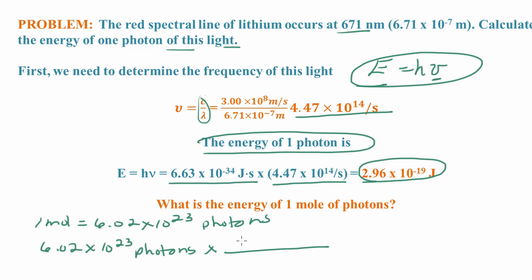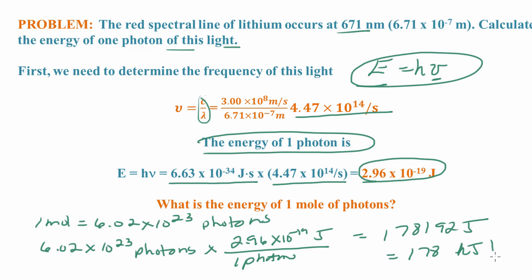And we know that one photon of this particular light is 2.96 times 10 to the negative 19 joules, and this would be 178,192 joules, or better yet, 178 kilojoules for 1 mole of these photons.